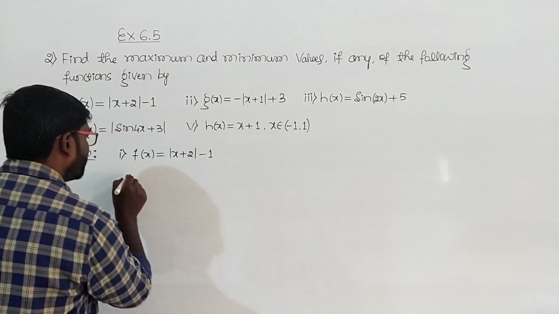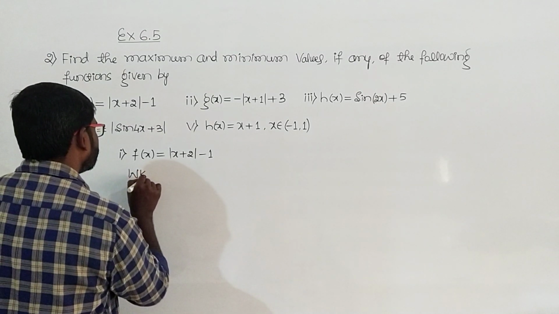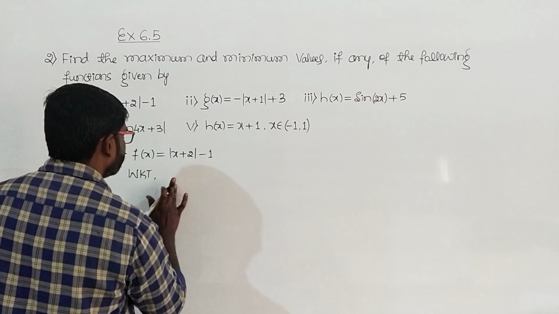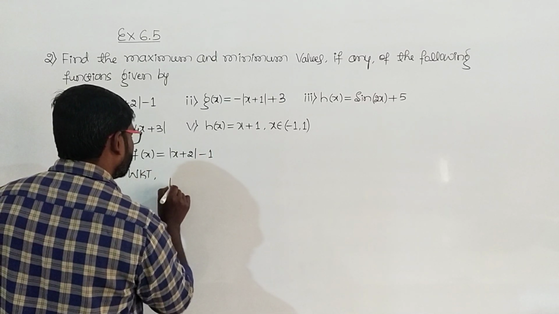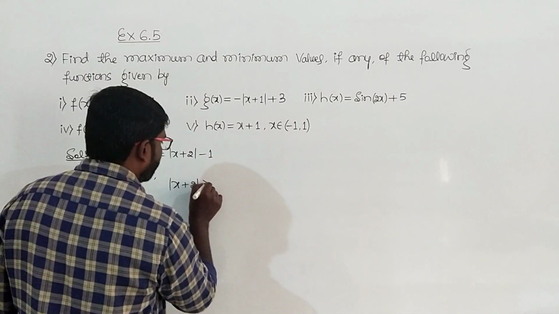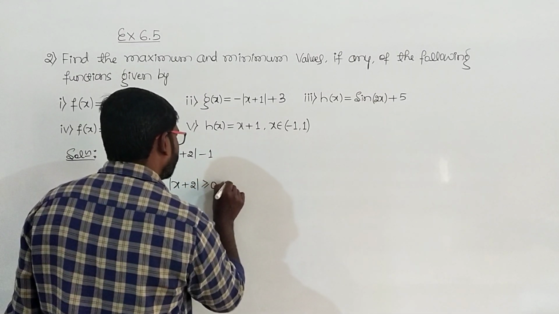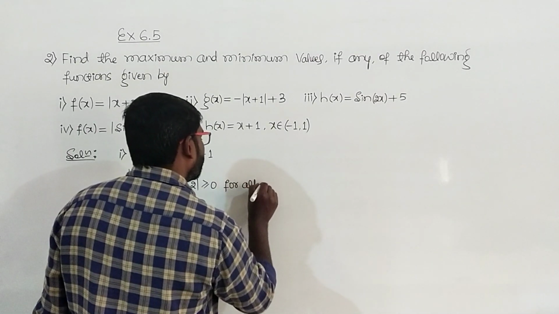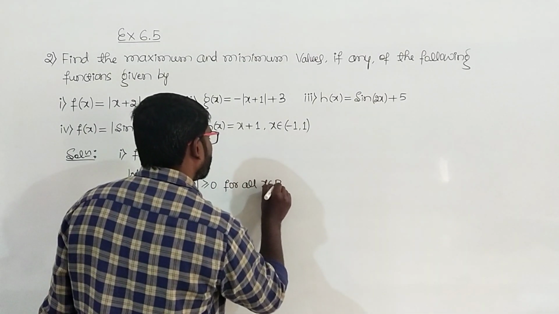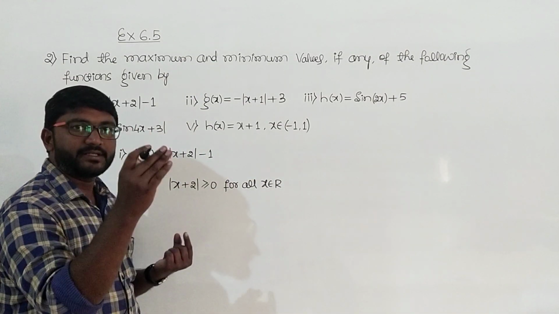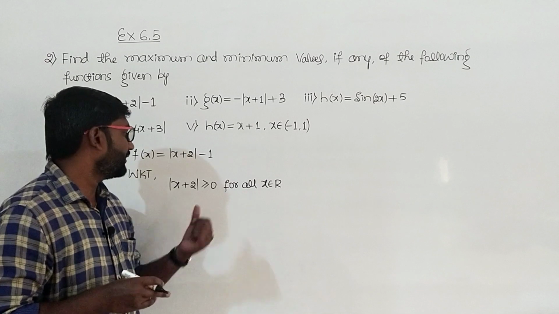So here we know that mod x plus 2 is greater than or equal to 0 for all x belongs to R, for all the real numbers. So mod x plus 2 is either 0 or greater than 0.